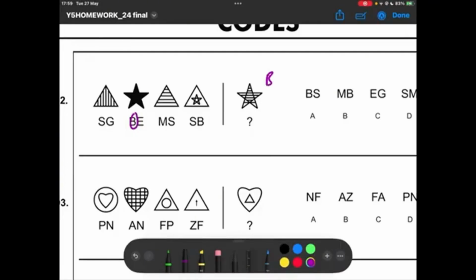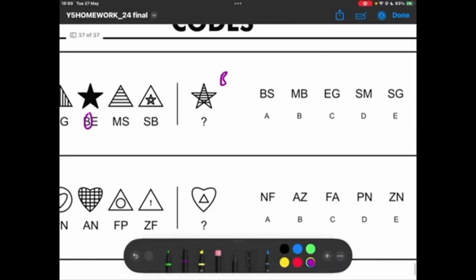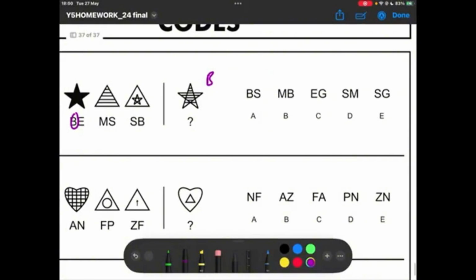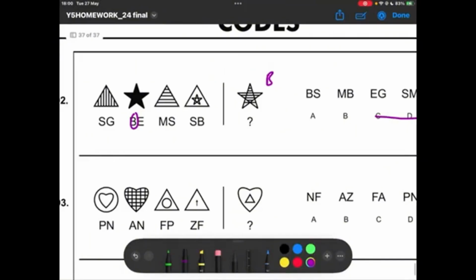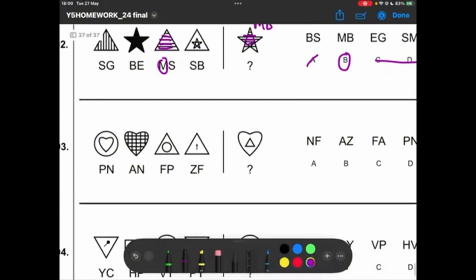So this one's got to have a B in it, so we can rule out any that don't have a B. And also we can rule out A because the S means the triangle, so we're left with the answer being B and B. And also it does make sense because this one has an M and this has horizontal lines, same as this one, so the M must mean horizontal lines.